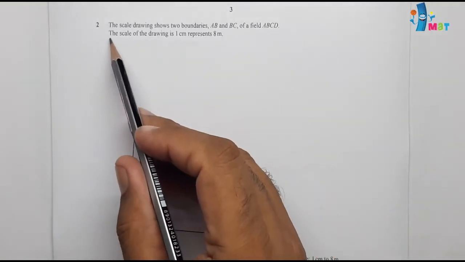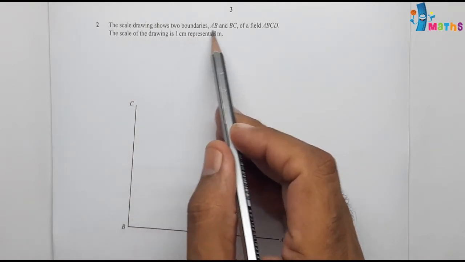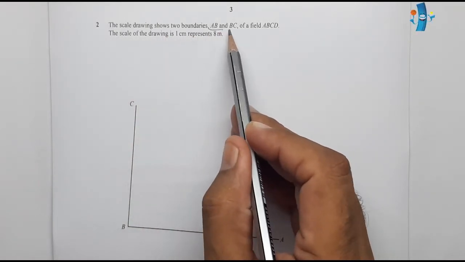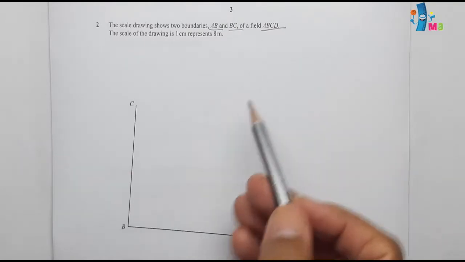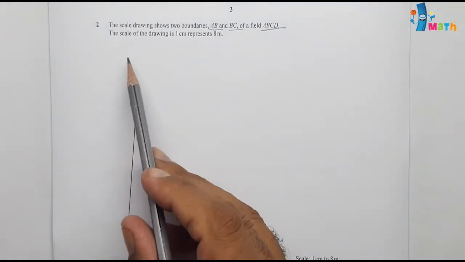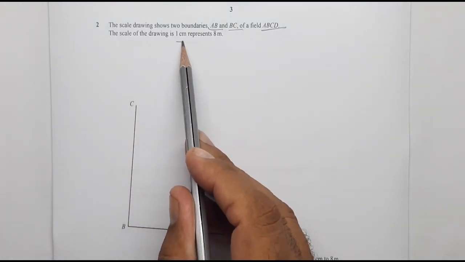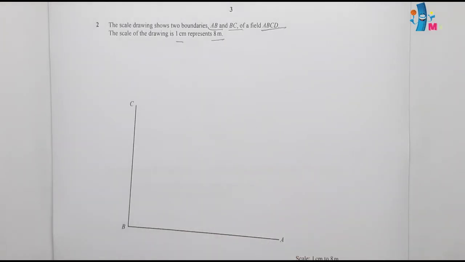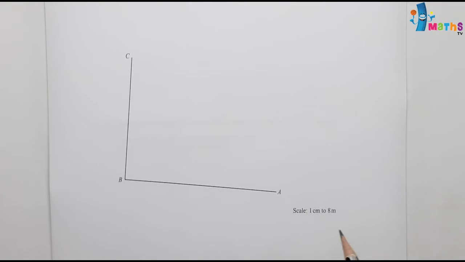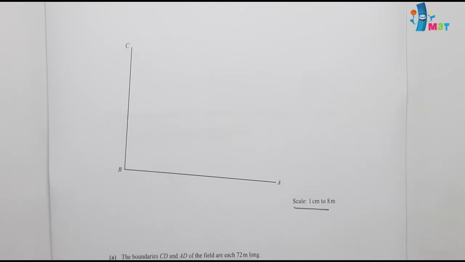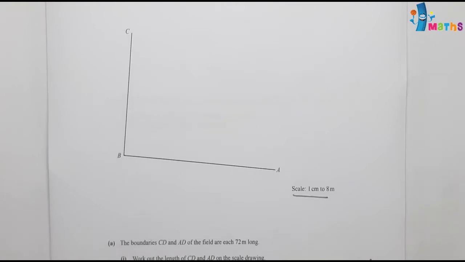Question number 2. The scale drawing shows two boundaries AB, BC of the field ABCD. The scale of the drawing is 1 centimeter represents 8 meters.